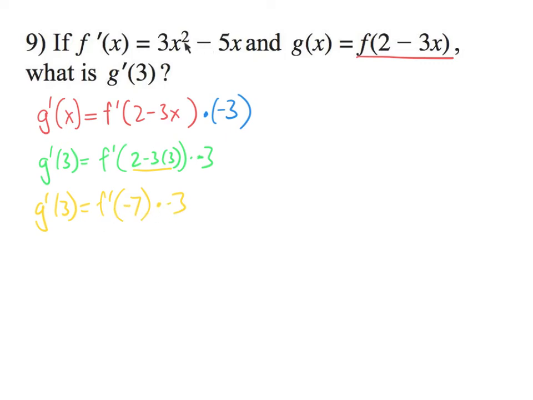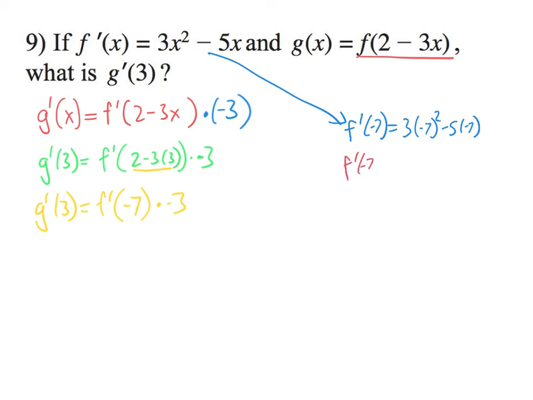Well, isn't it right here? Can't you find f prime of negative 7 right here with this function? Just think about that. So I'm going to go back to this function right here. Okay, this function, bring it right over here. If I want f prime of negative 7, that would be 3 times negative 7 squared minus 5 times negative 7.